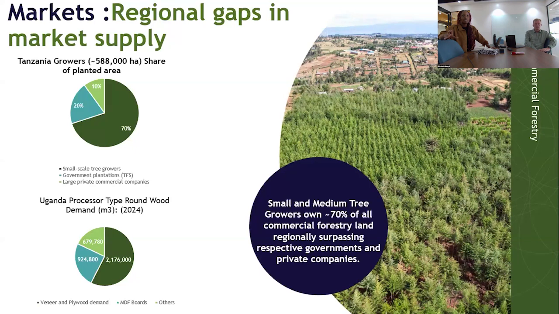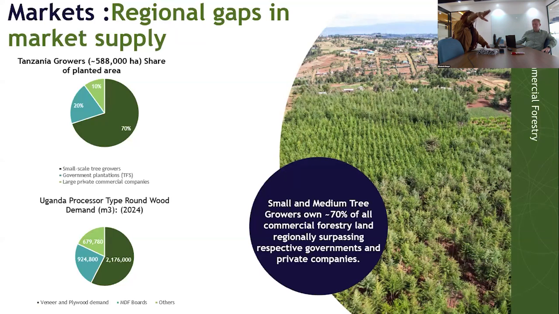So that's the small and medium growers, not necessarily the big private companies that do commercial forestry, but rather, I guess you could say, the common minority. And what I want to stress with this is that there's a high opportunity for these growers to actually earn money from their land, since they're the ones who have most of it and also contribute to the GDP much more than their respective governments, and also, again, as I mentioned, the large private commercial forestry players.